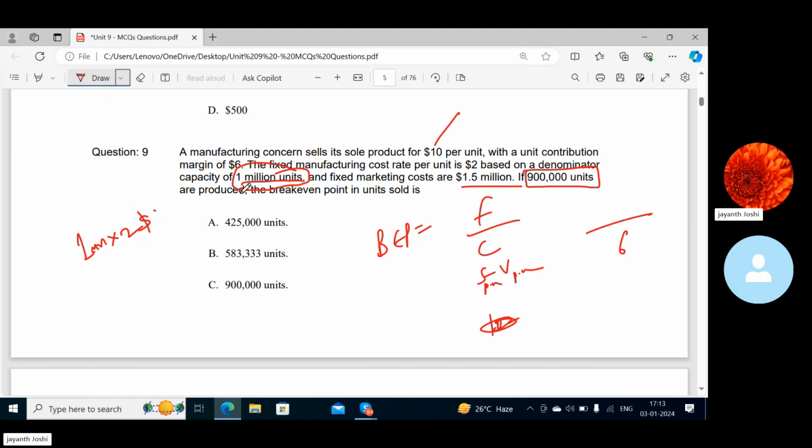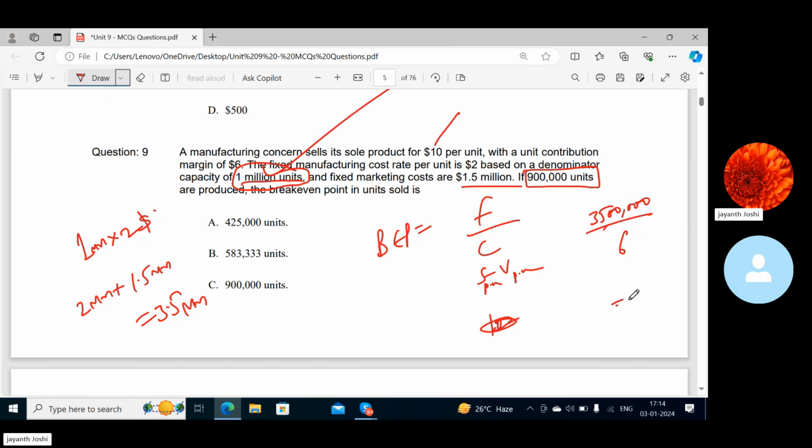Break even point in units sold. They are producing 900,000, but they'll be selling how much? 1 million. Yes, so this 2 million plus 1.5 million makes it 3.5 million.